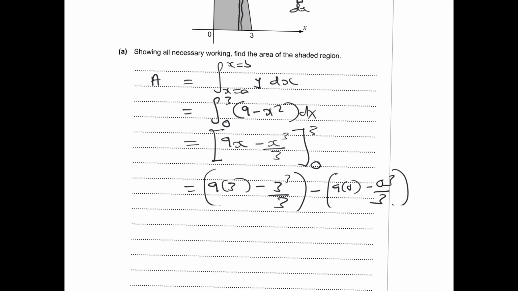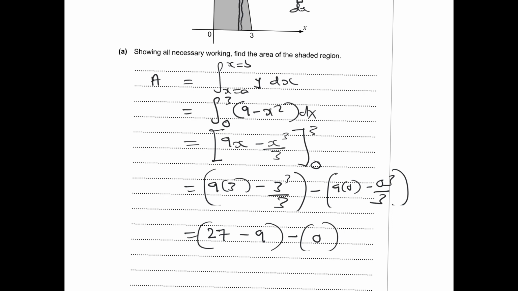If we simplify the first bracket, we have 9 times 3 is 27, minus 3 cubed, which is 27, divided by 3, that will give me 9. Of course, this here is just 0.